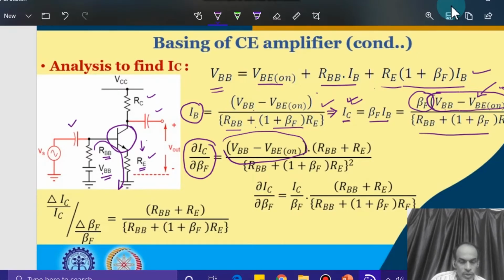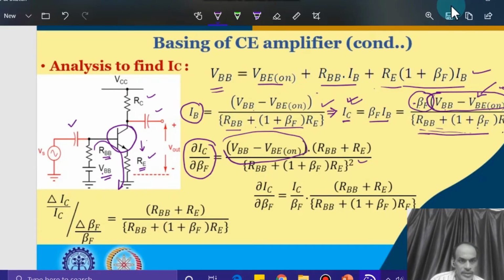So as you can see, this factor is coming in the form of a square here in the denominator, and then in the numerator we do have beta. So if you take the derivative of beta first and then multiply with this, we are getting RBB plus 1 plus beta into RE, and then minus beta into whatever the derivative of the denominator part with respect to beta is, that means it is RE.